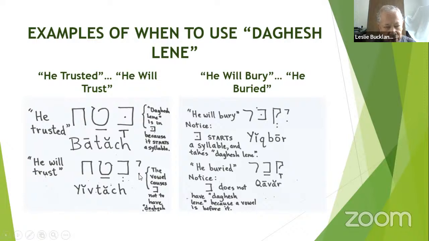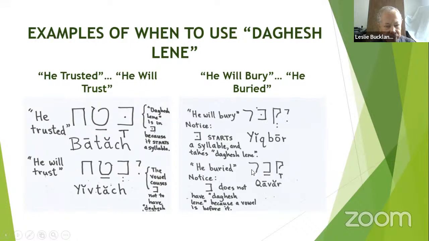And if there is a vowel that is before the letter that can take a Dagesh Lene, it will not take Dagesh Lene. So it must start a syllable in the beginning of a word or in the middle of a word, and it must not have a vowel before it, otherwise it won't take Dagesh Lene in the middle of it.